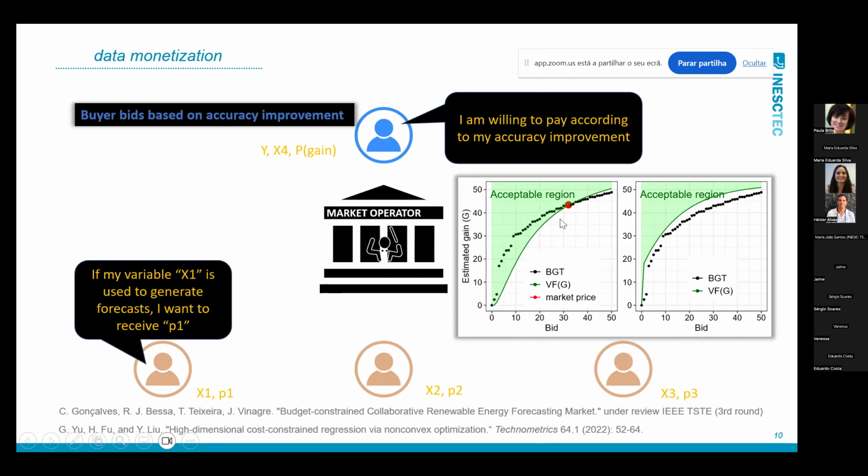If I pay 30, then the root mean square error improvement should be at least 42. And then we solve the DaSSWeb problems for all these possible bids, and we select the bid. So the final payment will be the bid where the gain was maximum inside this acceptable region.